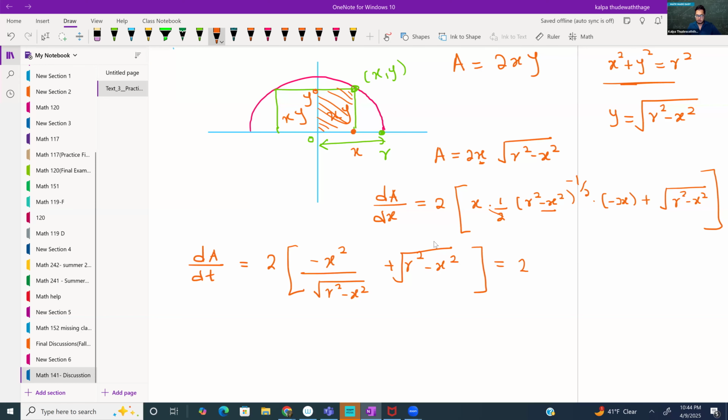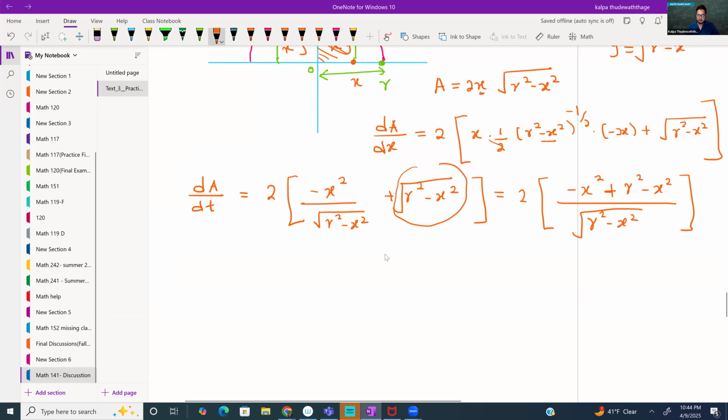And you can take the common denominator as the square root of r to the power 2 minus x to the power 2. And this will be minus x to the power 2, the square root part gone because you choose the denominator as r to the power 2 minus x to the power 2. So this will be plus r to the power 2 minus x to the power 2.